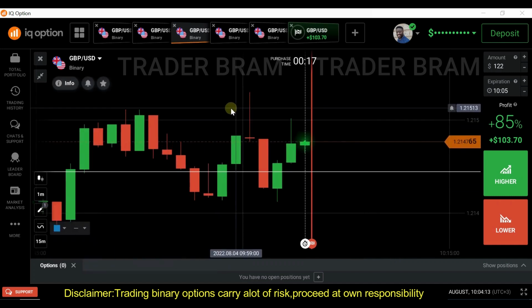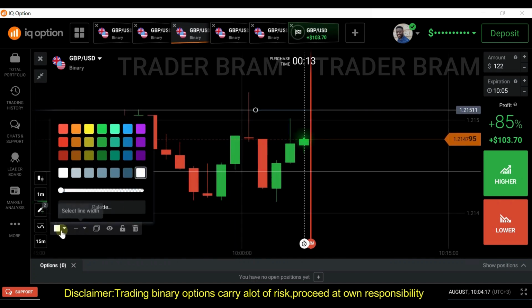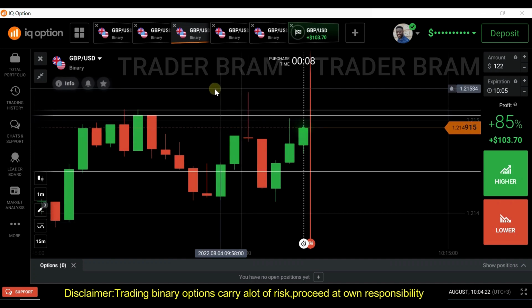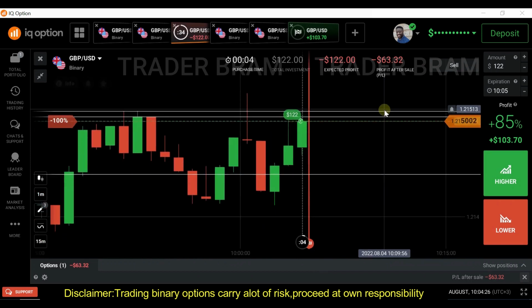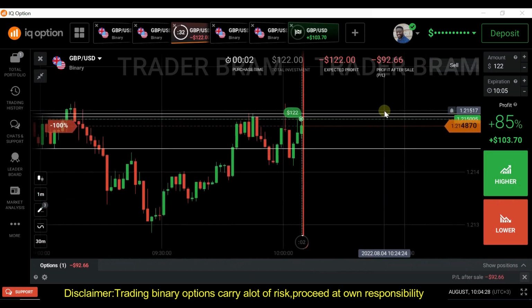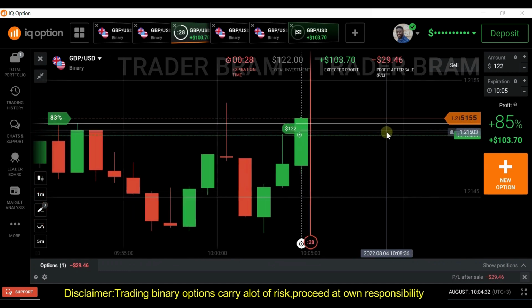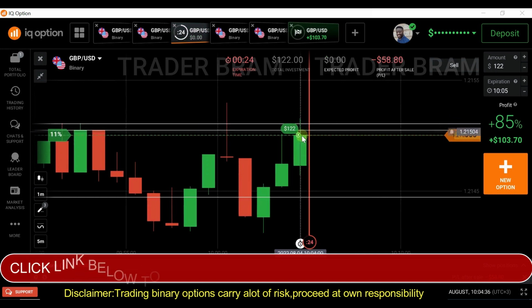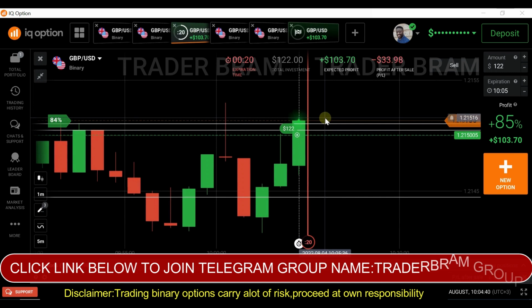So we can mark this area. That's our next target area, and you can see the buyers are trying so much to push to that level. So if you can break above this area, I can take my trade again.